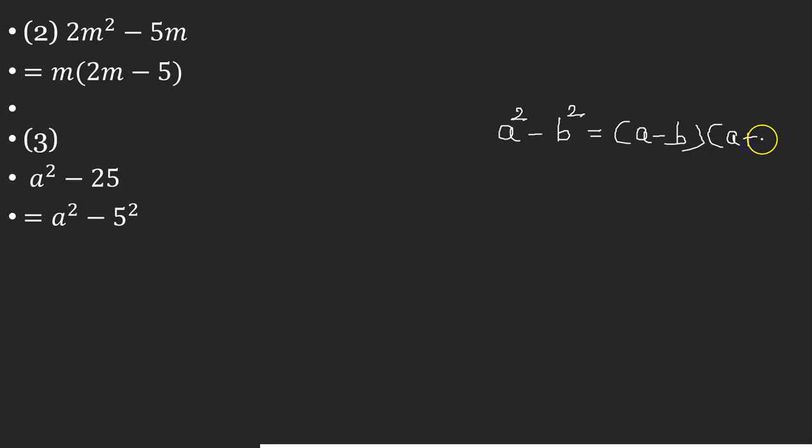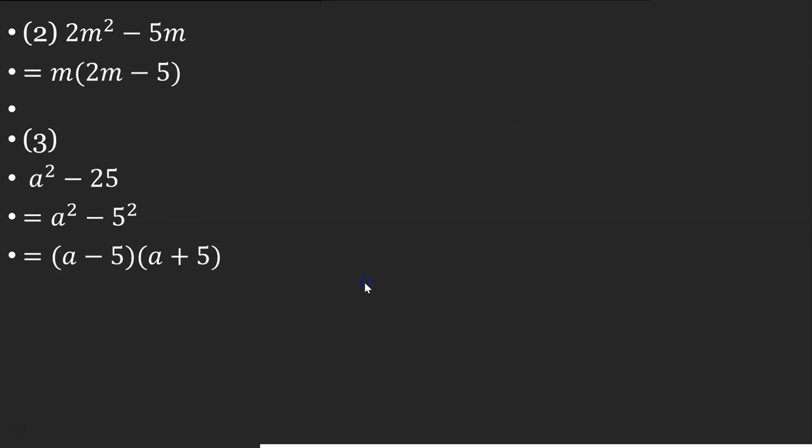By using this formula we factorize it. Okay, now the next is in first bracket a minus 5, second bracket a plus 5.